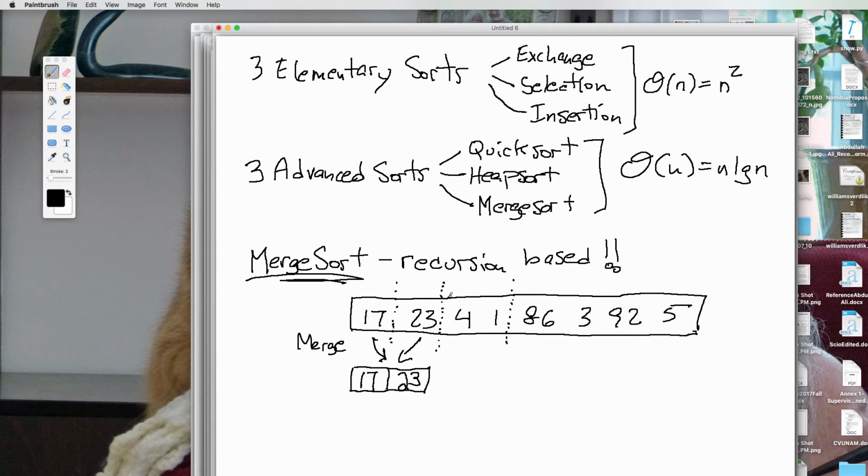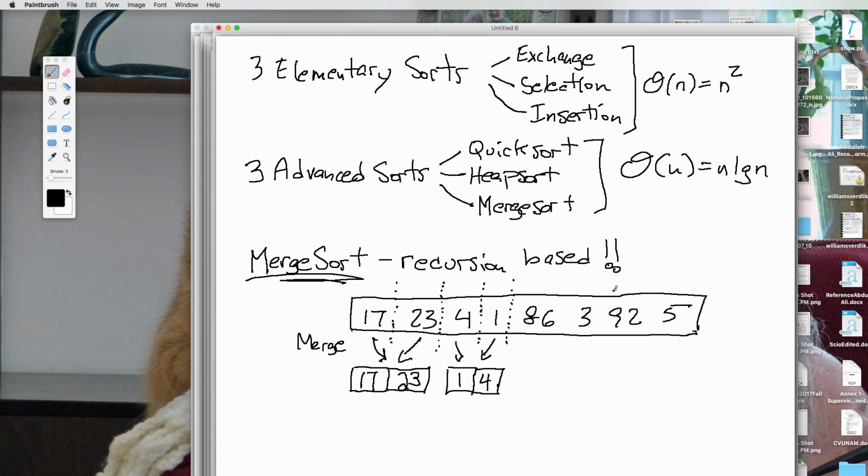Now I'm going to cut this one in half, and note that this is a sorted array, and this is a sorted array. Now I'm going to merge them. In merging them, I want to merge two sorted arrays into a sorted array. So I get a 1 over here, and a 4 over there.